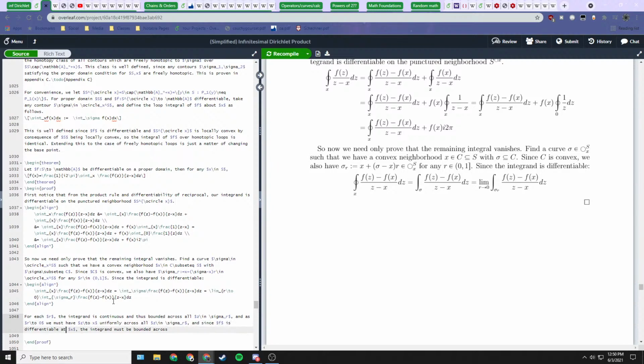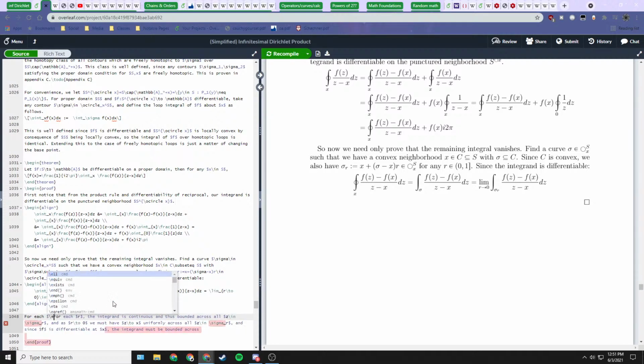And since f is differentiable, the integrand must be bounded. So for each r, it's bounded. Actually, we can say a little more than that. Yes. Okay.